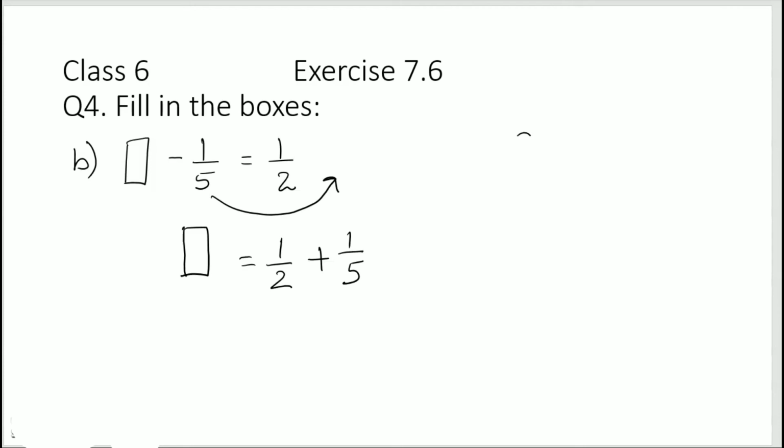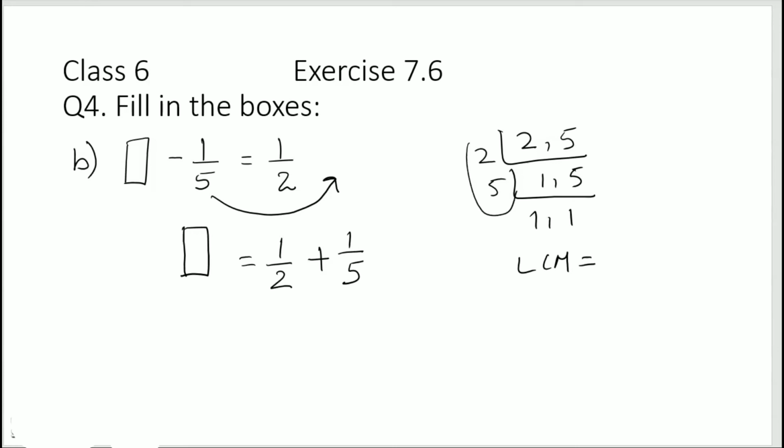So take the LCM of 2 and 5. 2 ones are 2 and 5 ones are 5. So LCM is going to be 2 times 5, which is 10. Now we have to convert these two into like fractions.